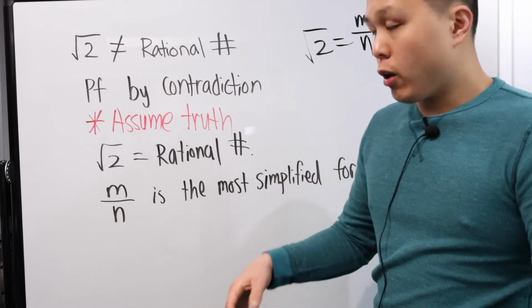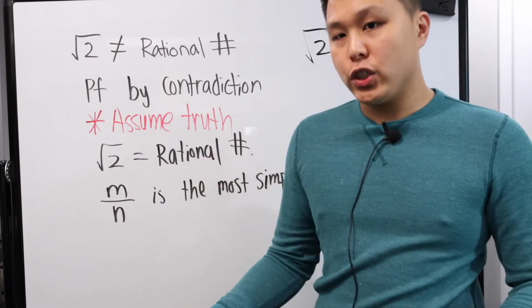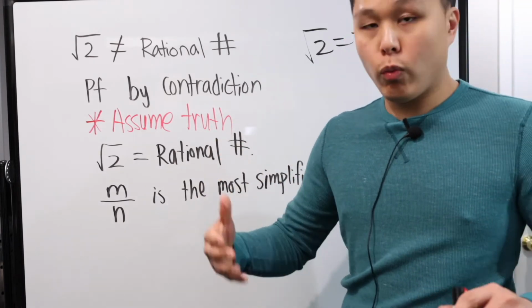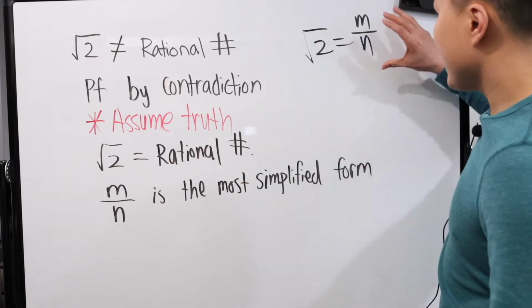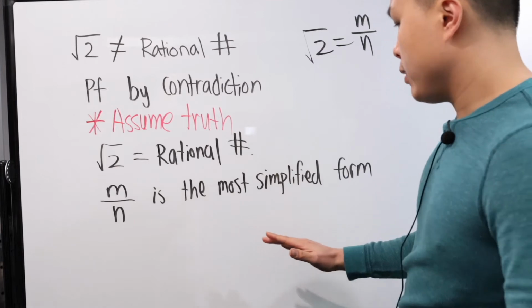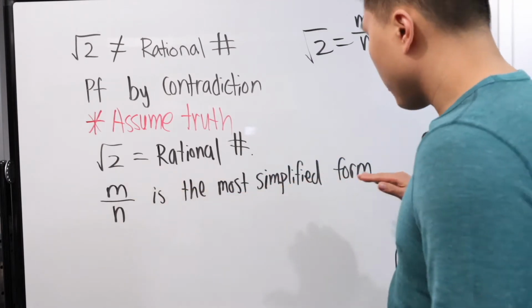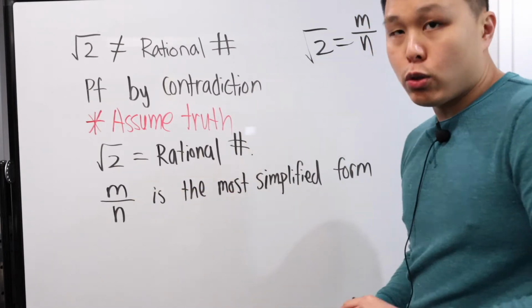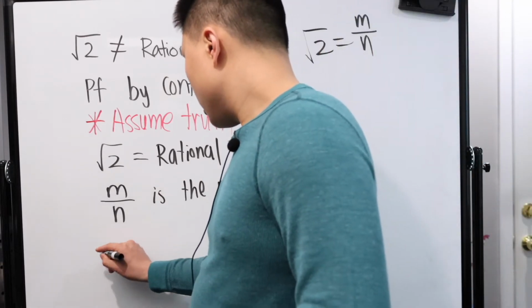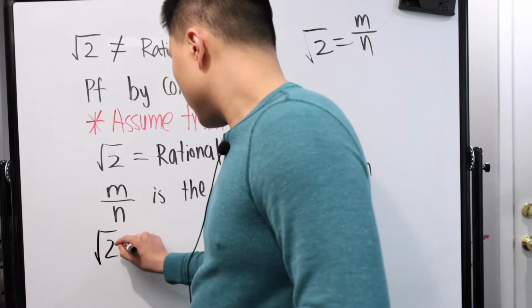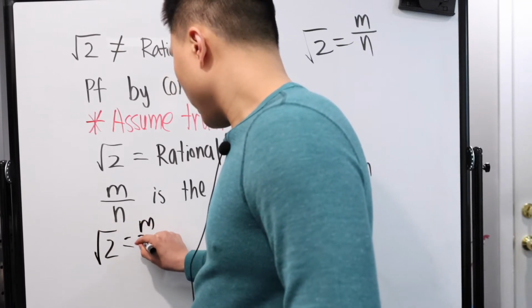Remember, in fractions you can always have a bunch of different variations of basically the same number. You know, 1 over 2, 2 over 4, 3 over 6, and so on and so forth. But we're saying it's simplified to the minimum. Okay, so m and n is the most simplified form of the fraction, and that equals square root 2. So, let's just rewrite it right here. Square root 2 equals m over n.